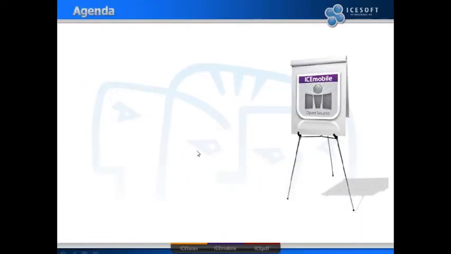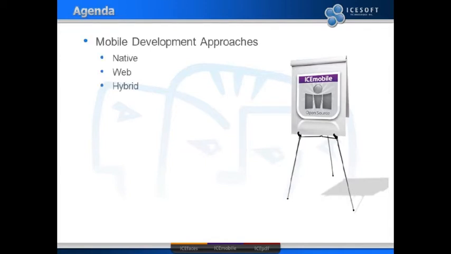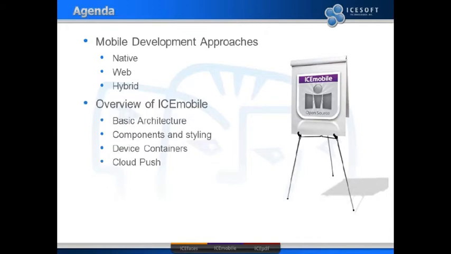Okay, so let's talk about the agenda today and what we're going to be talking about. First of all, we'll start off by talking about a few of the different approaches to mobile development, including native development, web, and hybrid approaches. I'll then go into an overview of ICEmobile, talking about the architecture, UI components, device integration, as well as push capabilities.